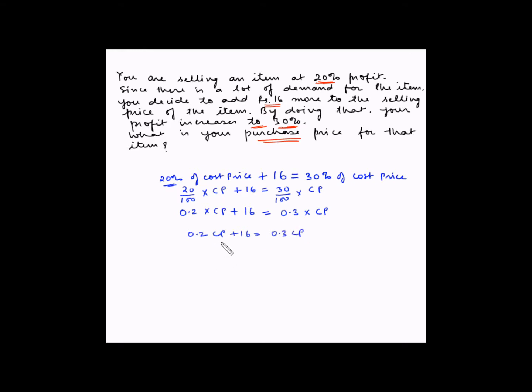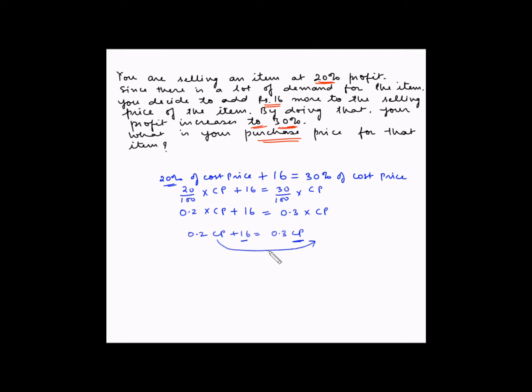Now let's bring the expressions with the variable CP on one side of the equation and all the absolute numbers on the other side. So let's keep 16 here and let's bring 0.2 CP to this side. Now if we bring this expression to this side, we have to change the sign in front of the value.